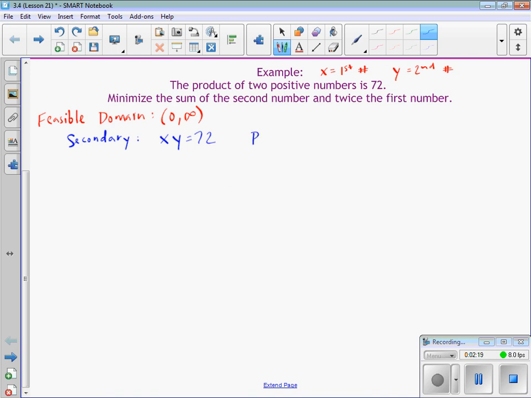Now your primary equation is what you're trying to maximize or minimize. So am I trying to maximize or minimize this one? Minimize. So I usually just write that here so I don't forget that I'm trying to find the min. And I'm trying to minimize the sum, right? So I'm going to write it as S equals, because it's a sum.